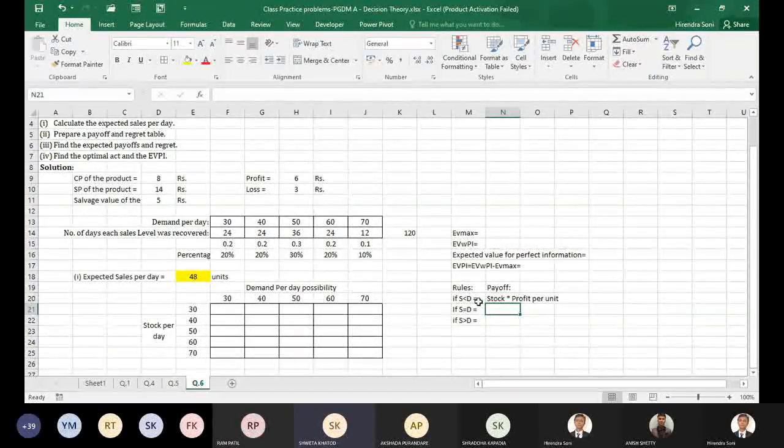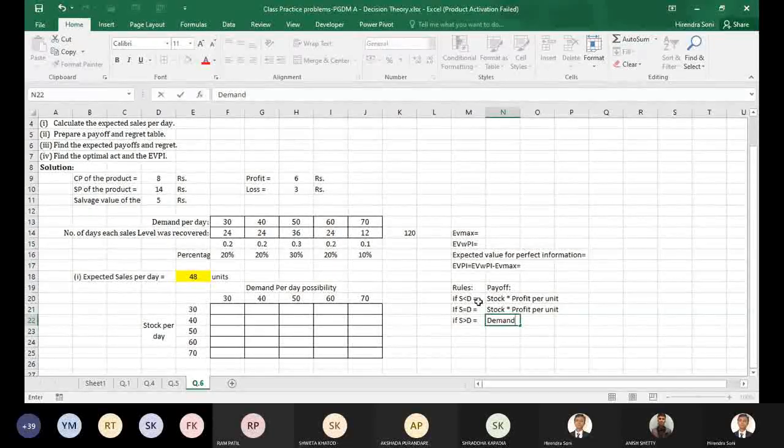Yes, sir. When stock is equal to demand, again you will be able to earn profits on all of them. But when we have a situation wherein stock is more than the demand, so that means you will earn profits for all the units for which the demand is there, and you will lose money on the excess stock.